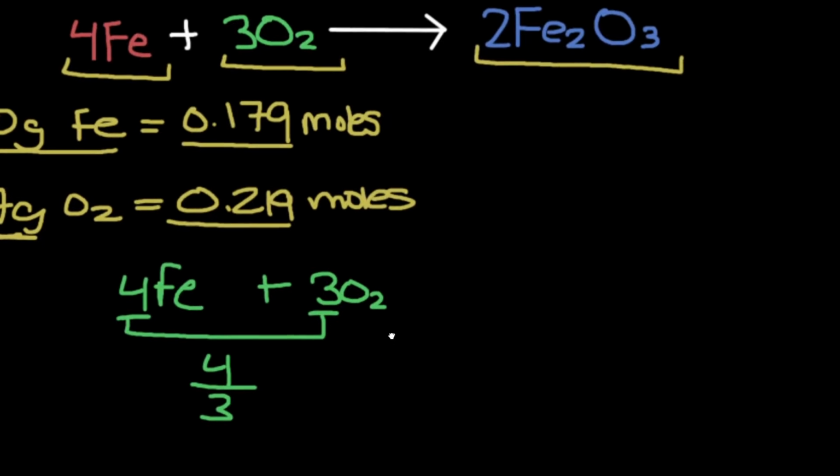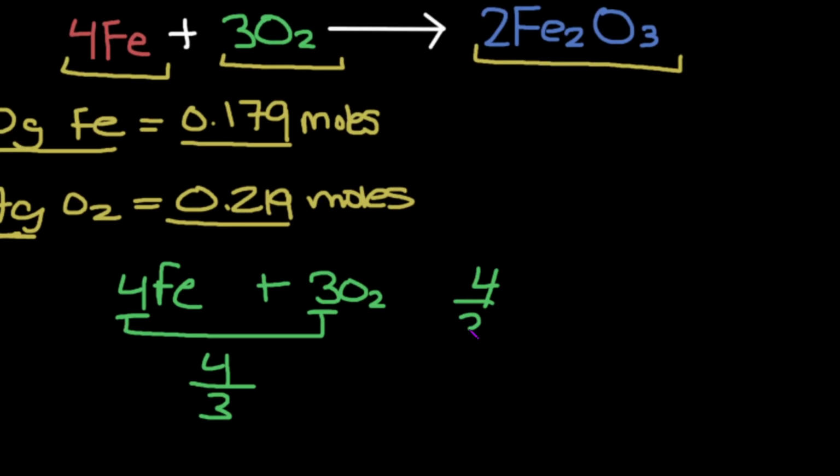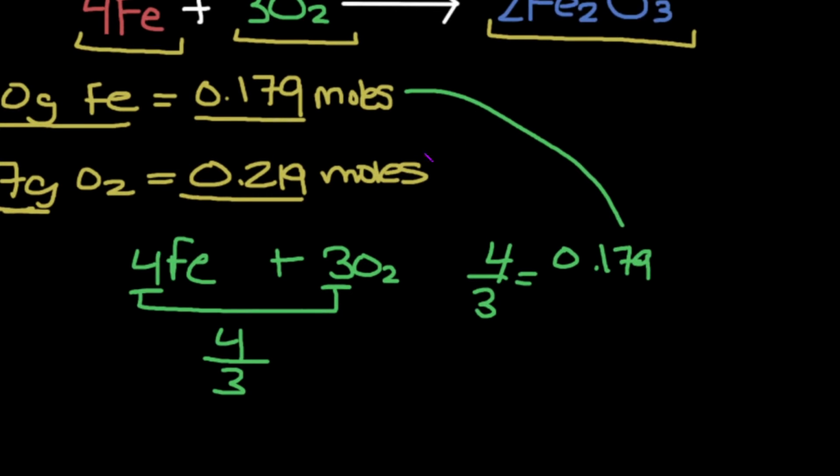So now let me do what the step says. 4 over 3, multiply that by 0.179, which is the moles of iron that we have, and put that over x, and solve for x. You would have to do some basic algebra here. Let me switch colors.